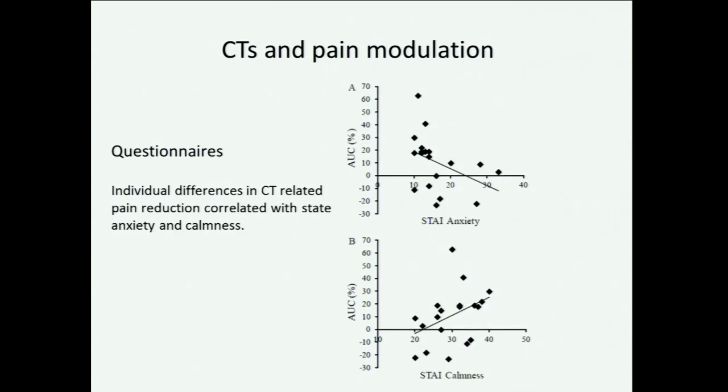We also measured some personality and state questionnaires, and there was a negative correlation between pain reduction and anxiety scores, and a positive correlation between calmness scores and pain reduction.